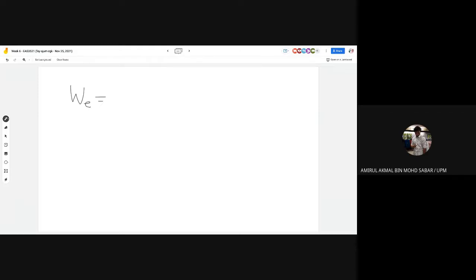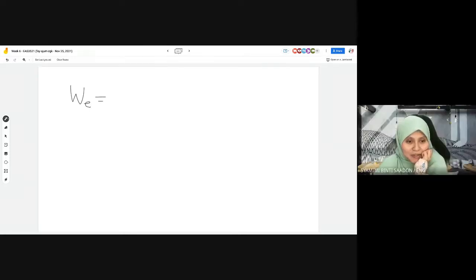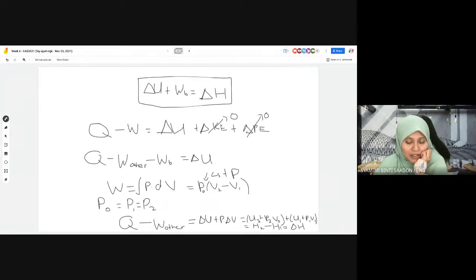For the others, please think about using this energy balance. You need to calculate the enthalpy in order to get the temperature, because the temperature is inside the enthalpy definition.